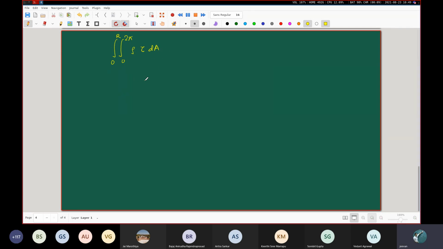Now you tell me, what is this dA? Furthermore, this is a moment that we have computed. What will this moment be equal to?